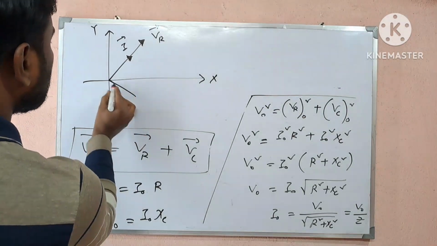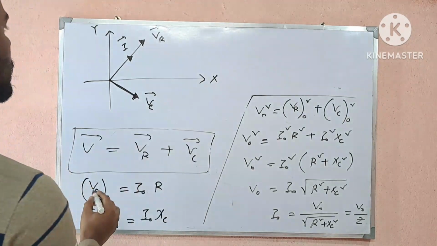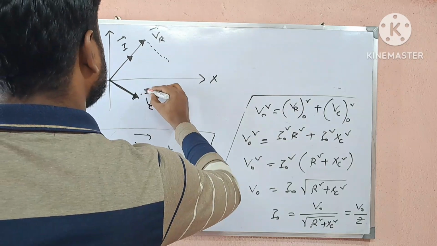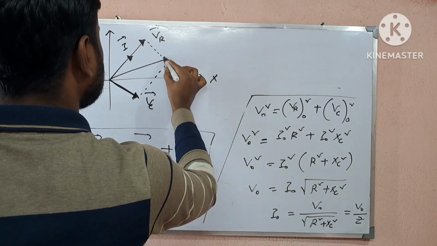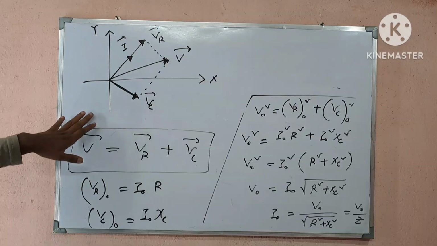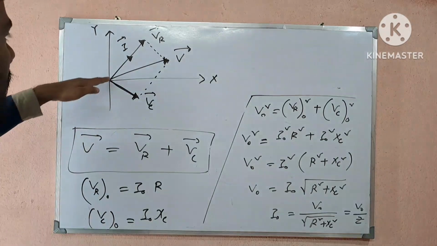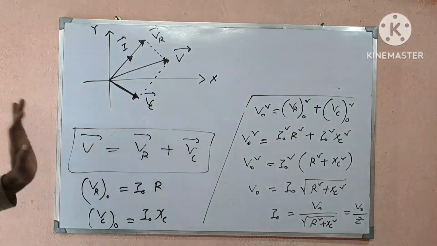So VC will lag behind current by pi by 2. This is VC. Now using the parallelogram law, we can write these things in this way, and that line is basically V. Now from this parallelogram, applying the triangular law, VR plus VC is equal to V, the applied voltage.